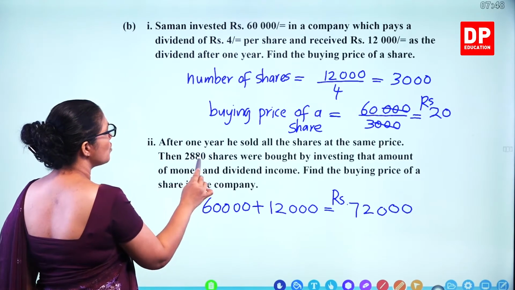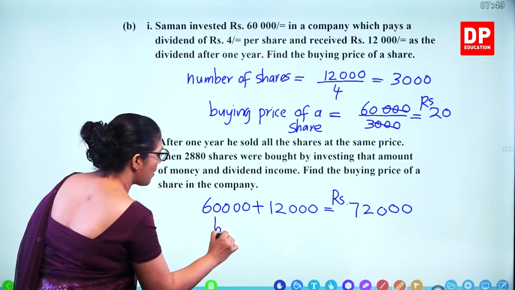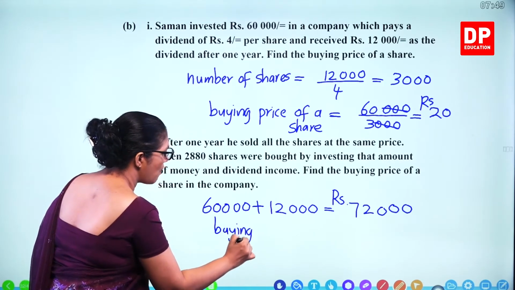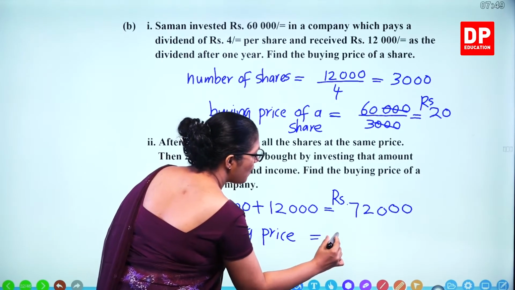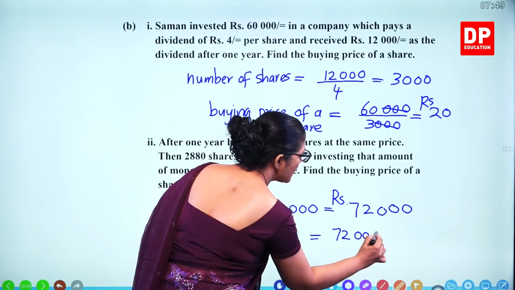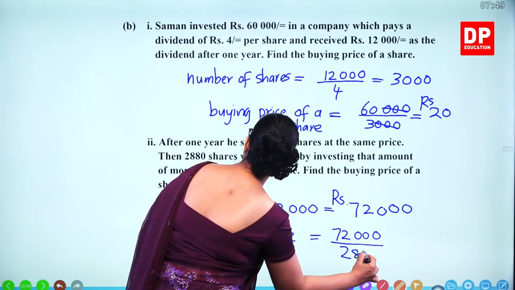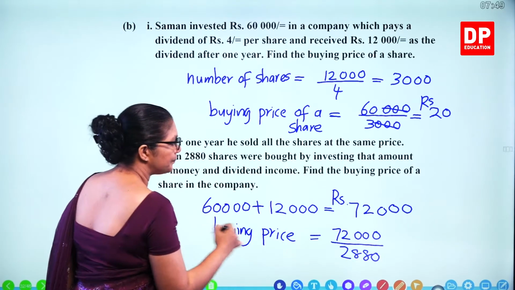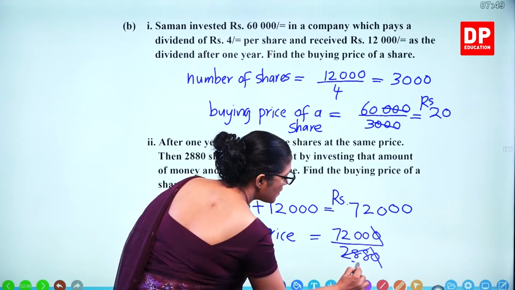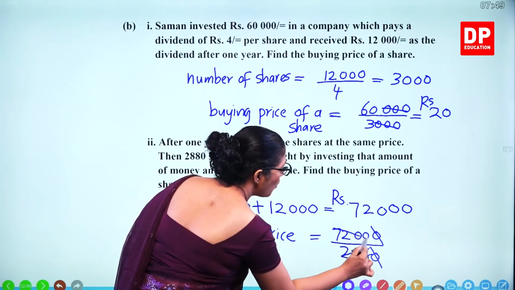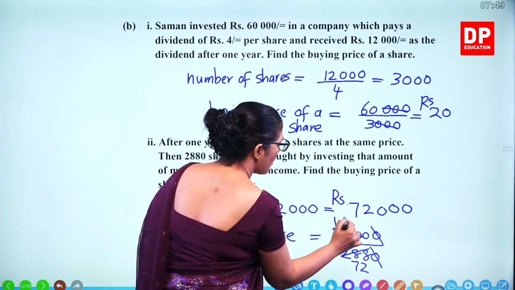How many shares? 2,880 shares. So what's the buying price then? Buying price of a share in the other company is 72,000 invested, and each one, there are 2,880 shares. Divide by 4. 4 times 7, 4 times 2, 4 times 1, 4 times 8.